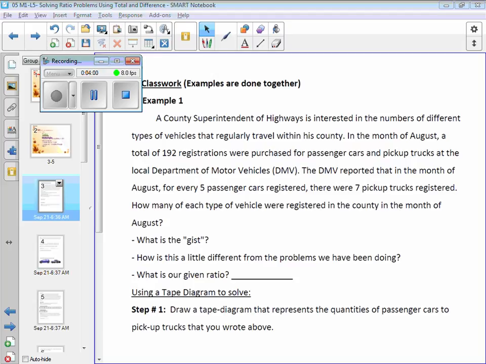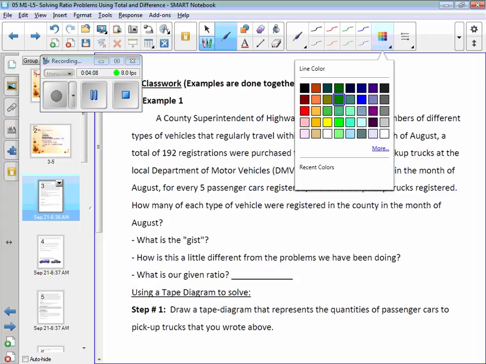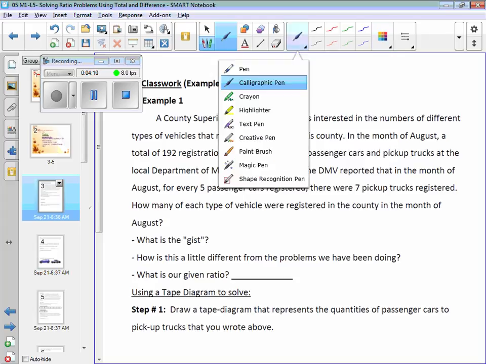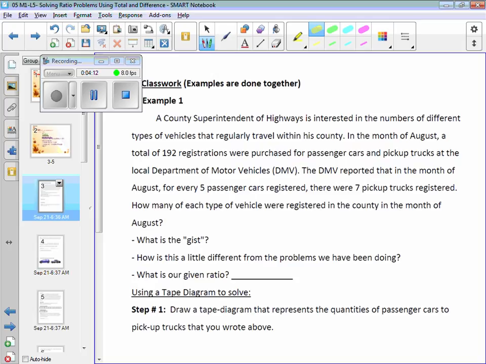All right, so what did you underline? What did you think is important? I'm going to highlight it. Obviously, you have to underline. All right, let's start. Ava, what do you got? I agree. And I'm just going to highlight 192 registrations. It's going to be a number that we're going to need eventually.